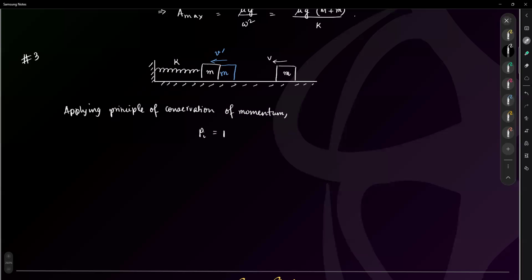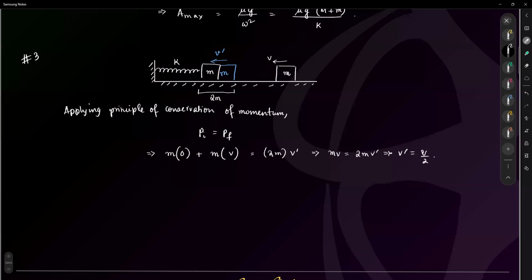So initial momentum is the summation of momentum of the first body, which is at equilibrium, that means its initial velocity is zero, and the initial velocity of the second body is v, so mv. That is equal to final momentum. Final momentum is for the total mass of this unit. Now the total mass of this unit is 2m. So 2m into v dashed. So from here, we can say mv is equal to 2m v dashed. So from here, v dashed is equal to v by 2, right?